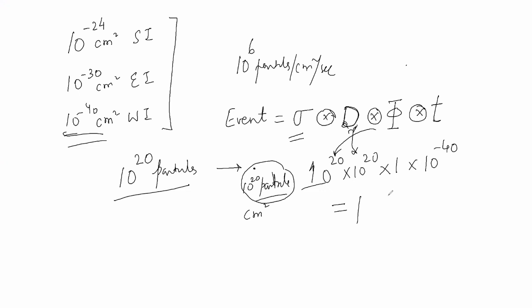But instead of that, if I have a proton beam and we are considering a strong interaction process, then the number of events will become how much? 10 to the power 16.